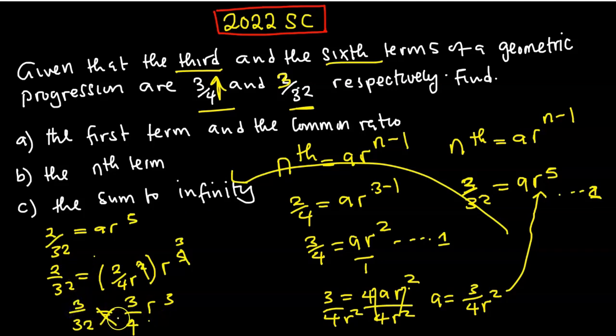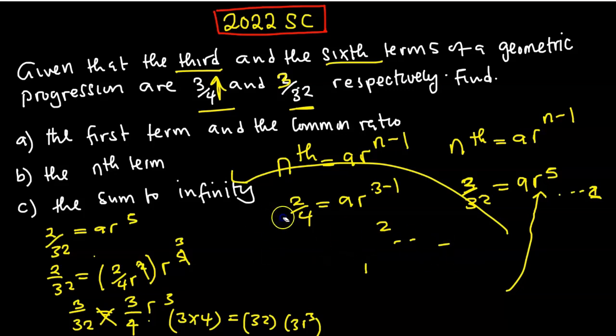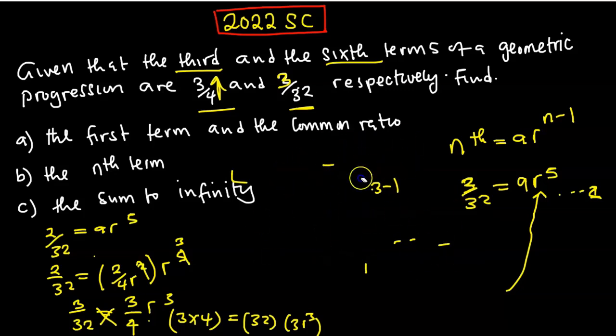So we are going to cross multiply here, where we are going to say 3 times 4 equal to 32 times 3r cube. Okay, so what is it going to give us?